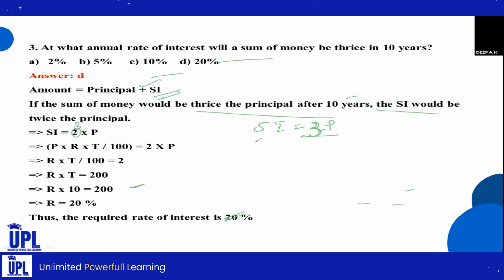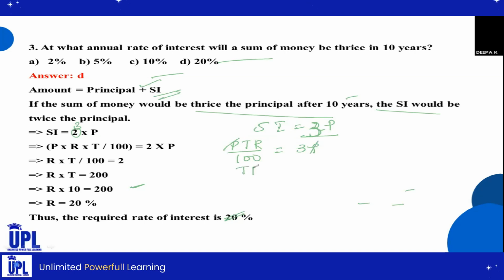So then SI will be, we know the formula PTR divided by 100 is equal to 3 into P. Okay, so PTR, the left side has P, the right side has P, so cancel them.